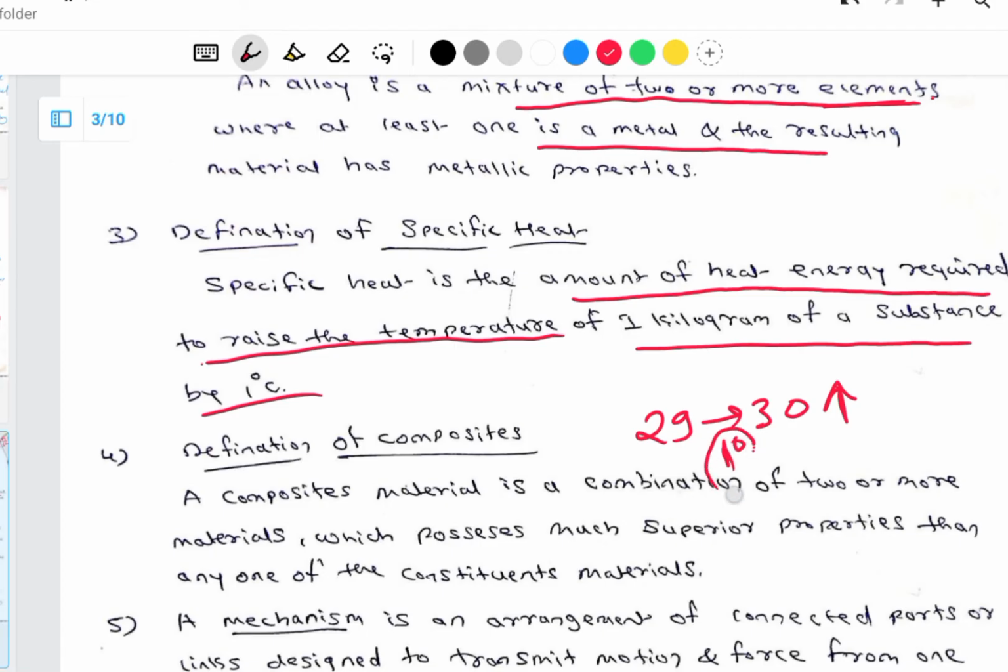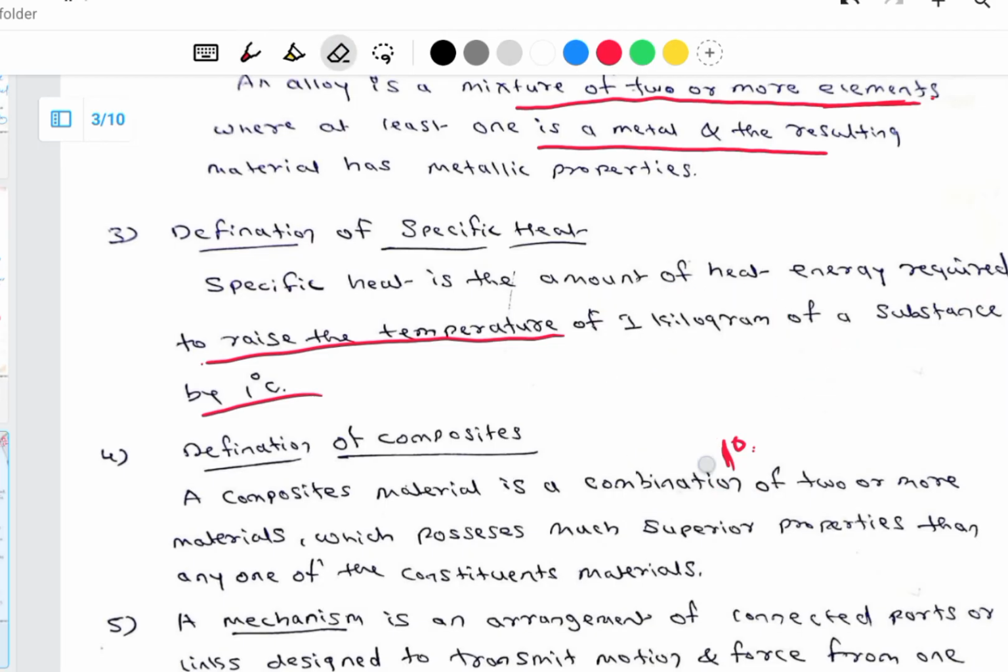To raise this 1 degree, whatever heat is required, that heat is called specific heat. The amount of weight should be 1 kilogram only. So the amount of heat required to raise the temperature through 1 degree Celsius of a 1 kg substance. So these words are important: 1 kg, 1 degree Celsius.